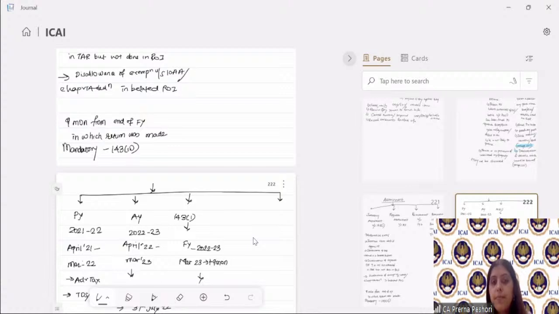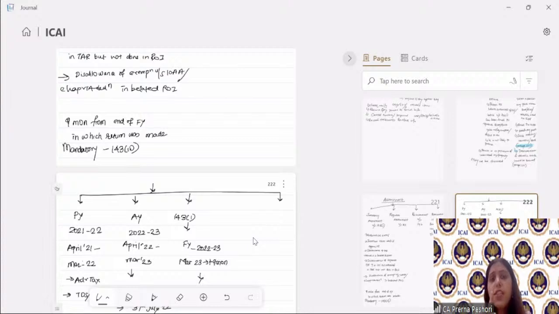Clear? So in a case where 143(1) is applicable, even if the notice has been issued, the processing of the return still has to be done before the issuance of the assessment order. Clear?